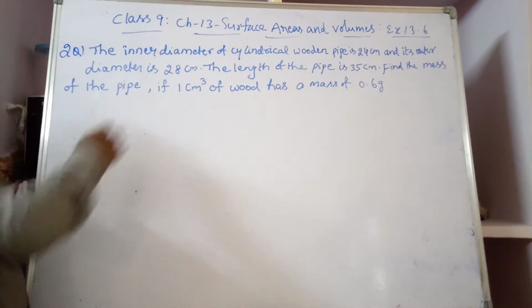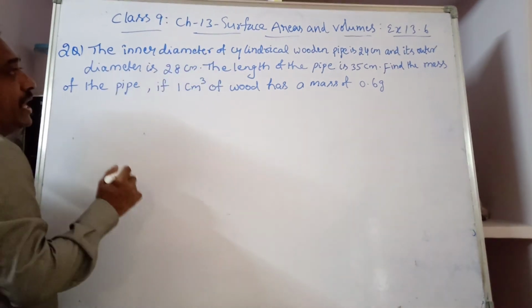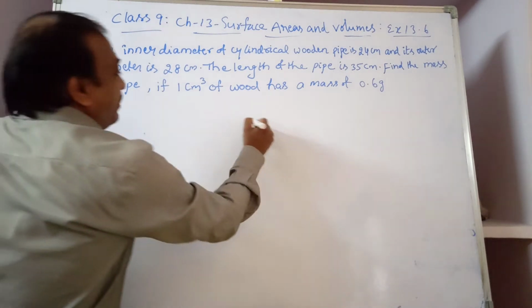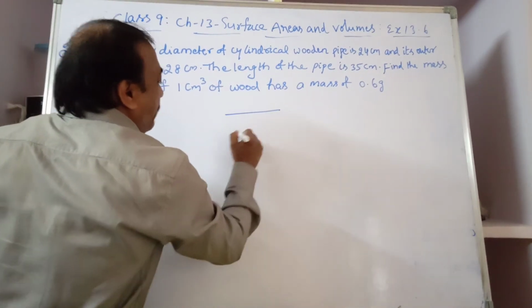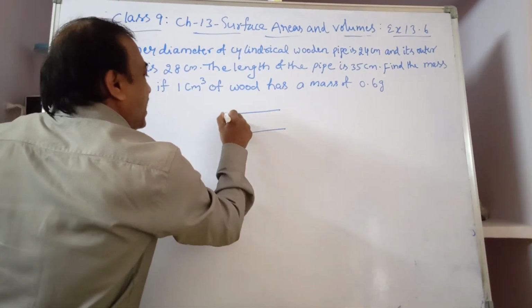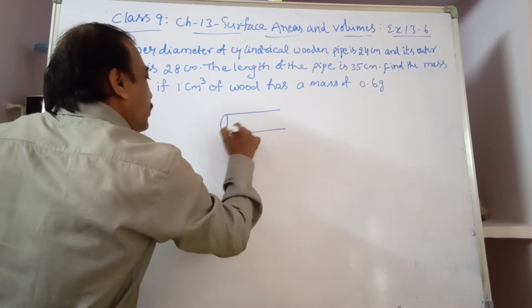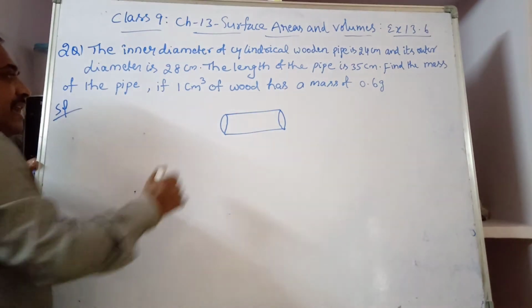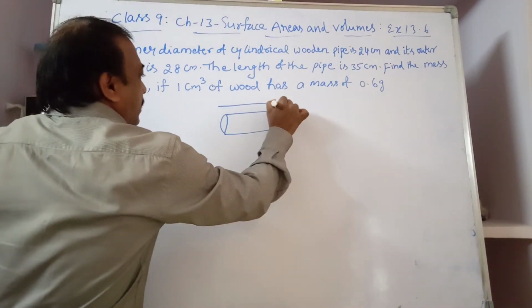So here the inner diameter of the cylindrical wooden pipe is given. Observe it. This is the pipe where the inner diameter and outer diameter are given.